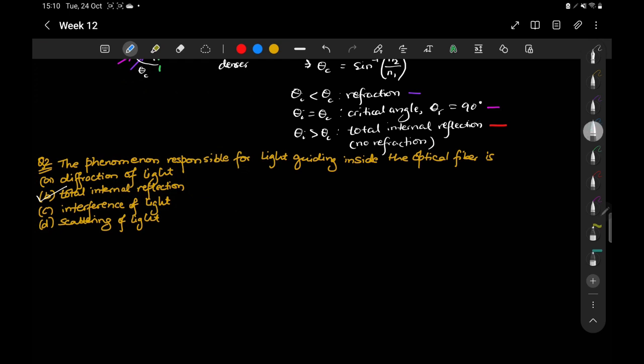So we have this optical fiber, and the refractive index of the medium inside would be n1, outside n2. And let us say that there's a light ray which is entering the optical fiber, then it will get reflected at the walls of the fiber, and this reflection is nothing but total internal reflection.